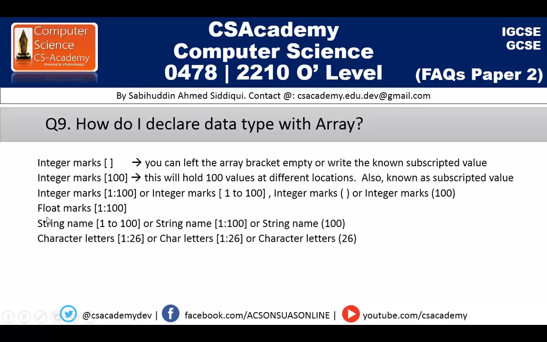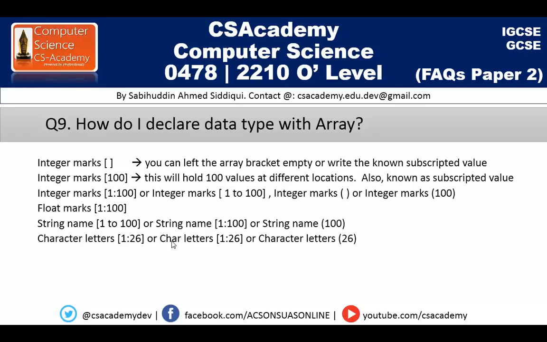Similarly, you can see float marks 1 to 100, string name 1 to 100, or string name 100. If you are going to store 26 characters of the alphabet, the data type is character. Letters, you are going to store letters 1 to 26, or CHAR is also a data type that holds a single value.